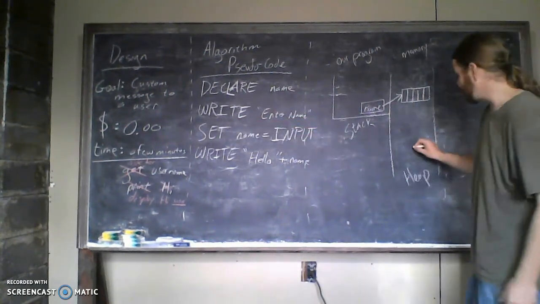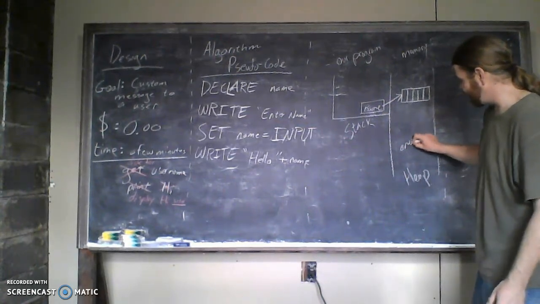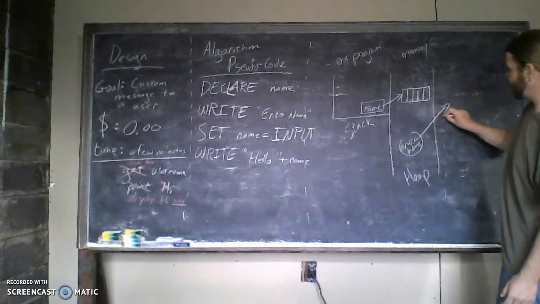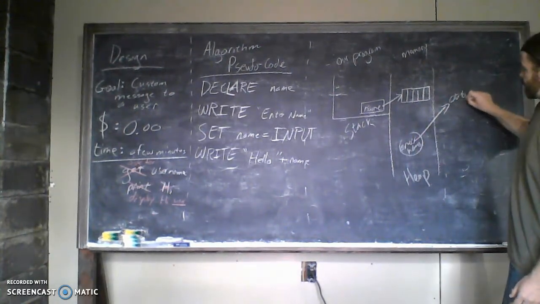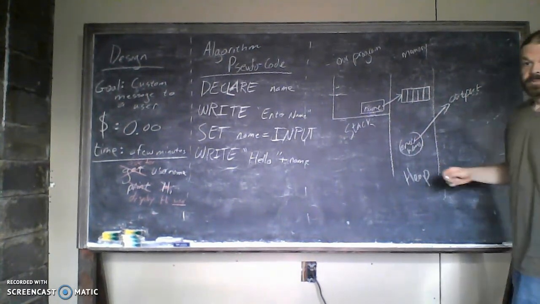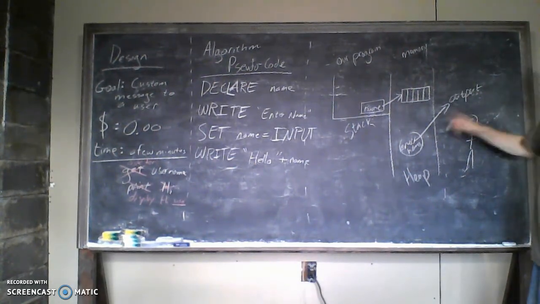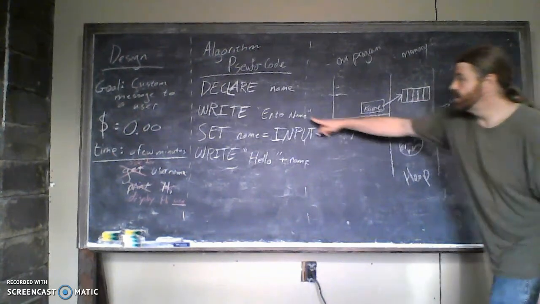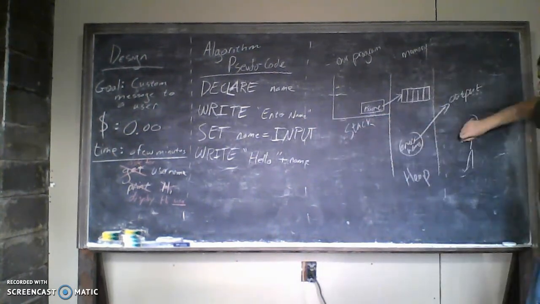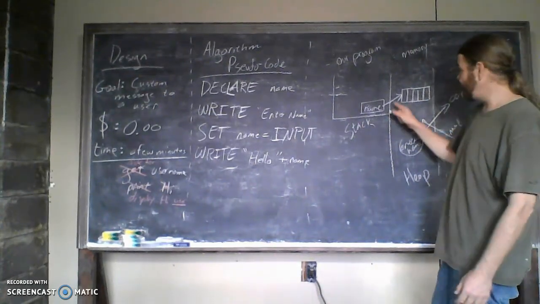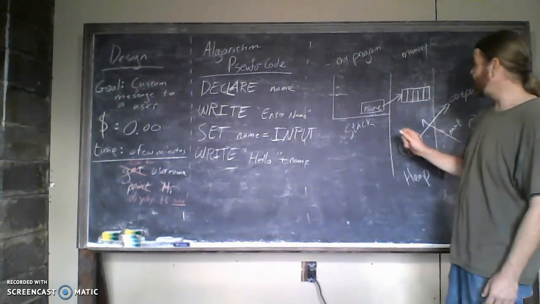Then the next line, write enter name. Well, that all happens in the background. So the computer took this message, enter name, and spit it out to the user. So somewhere out here we have this user, right? When they read that prompt, enter the name, then they send back in a name, which the computer takes and puts into that chunk of memory.